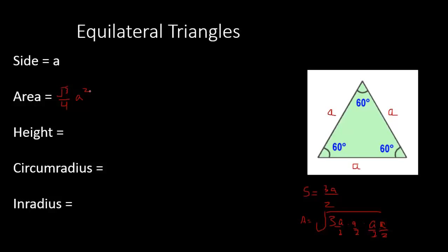Alright, now if I equate this area to half into base, now what is the base? Base is a, into the height of the equilateral triangle, which would be this height over here, the perpendicular distance. So that will give me the height to be root 3 by 2 a.